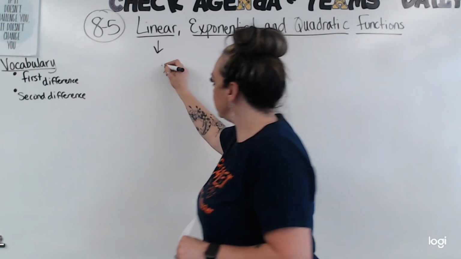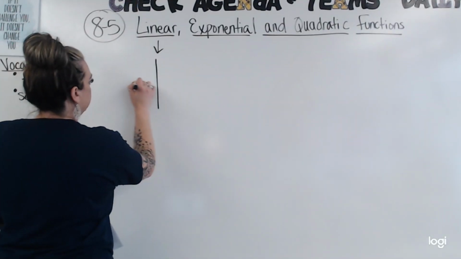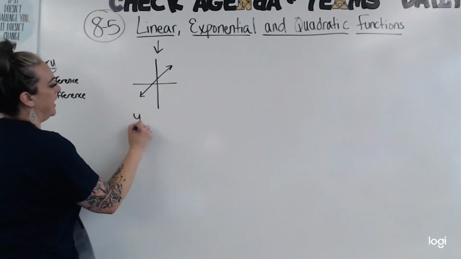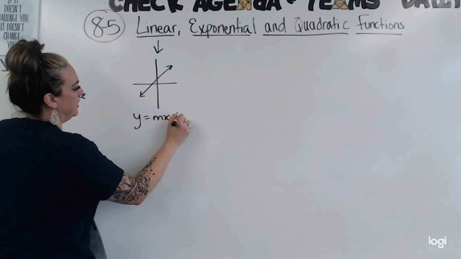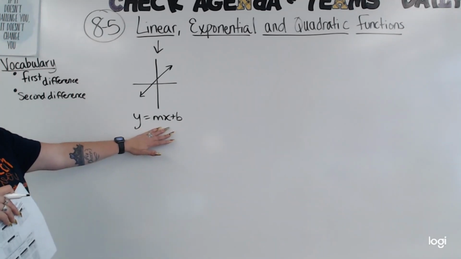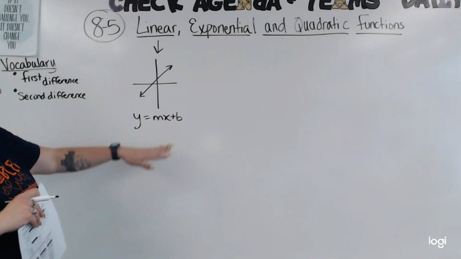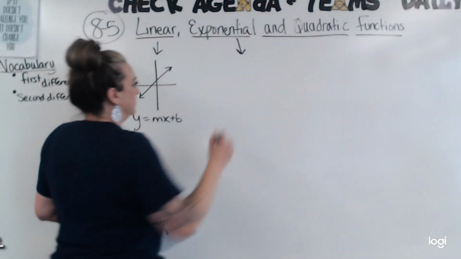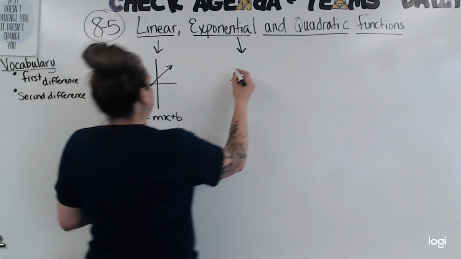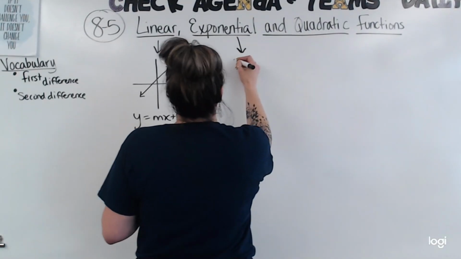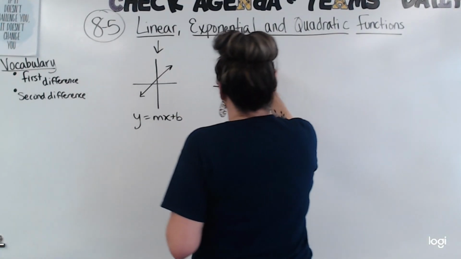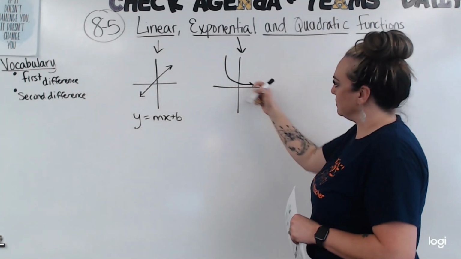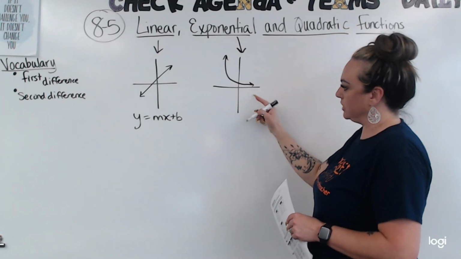Linear functions will form a straight line on a graph, and we have slope-intercept form as one of the main forms of the function, y equals mx plus b. In exponential, it makes a function that rises or falls and then has this asymptote line that it will never reach.